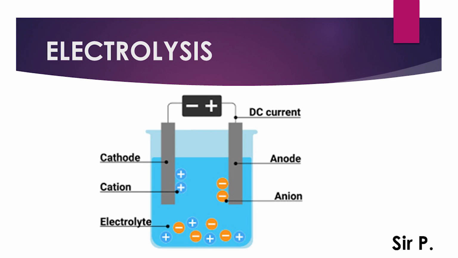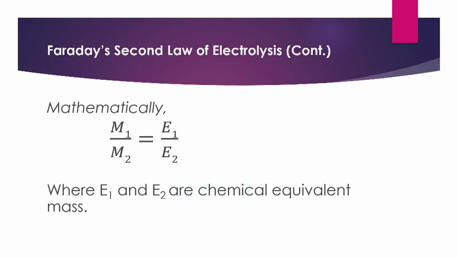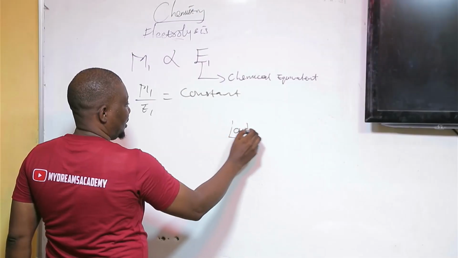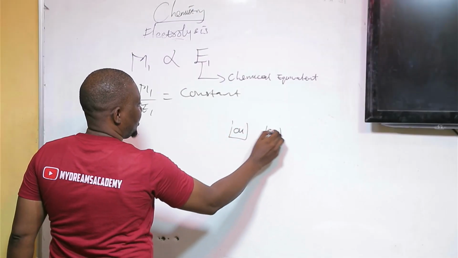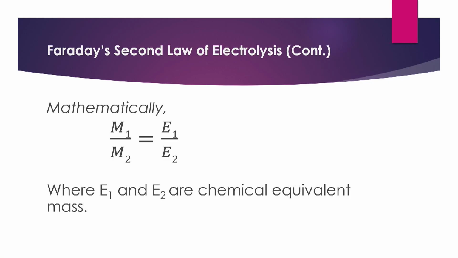So this one is for the mass of the initial element, the two elements. Suppose you have copper connected with silver. Then the mass of copper and its equivalent. This one is going to be another mass, so you now use M2 against its equivalent. Are you with me?